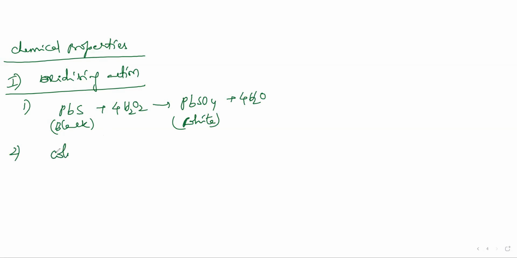Any colored material on treatment with hydrogen peroxide becomes colorless.